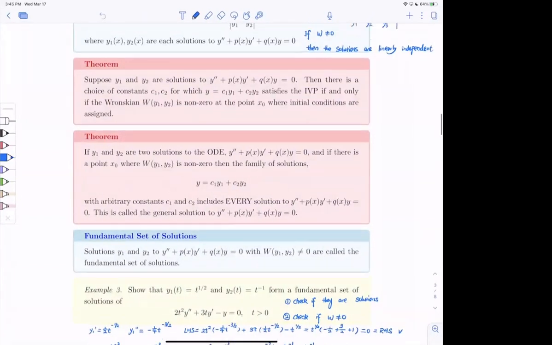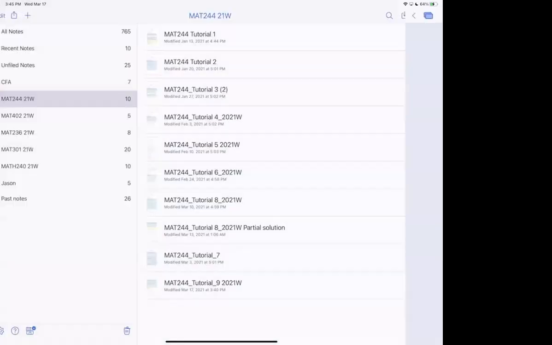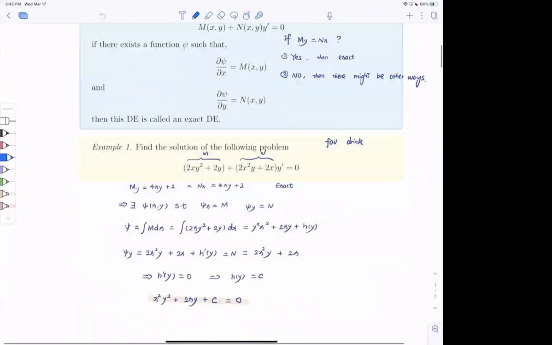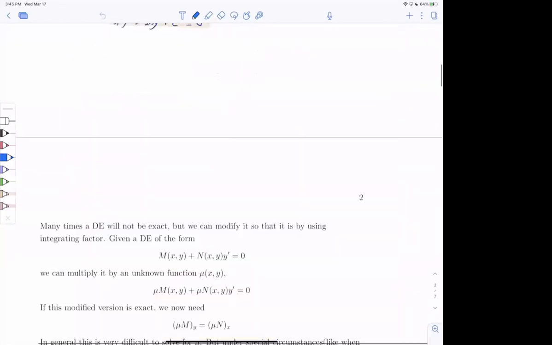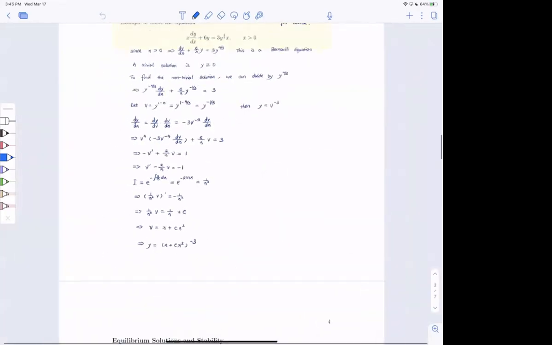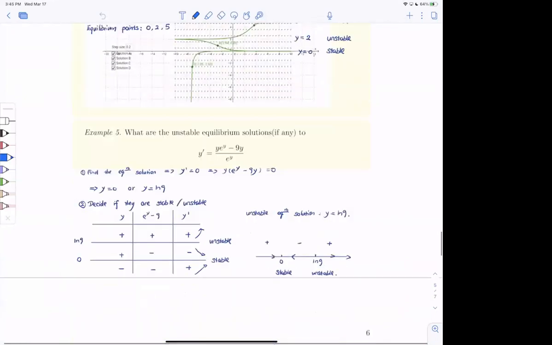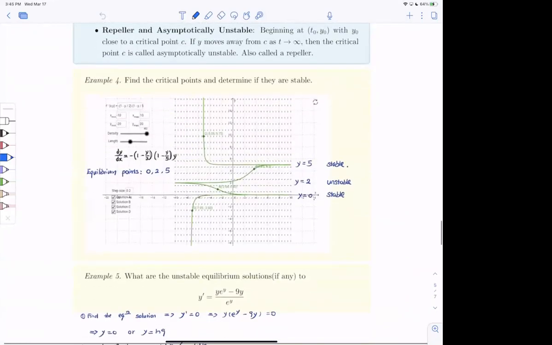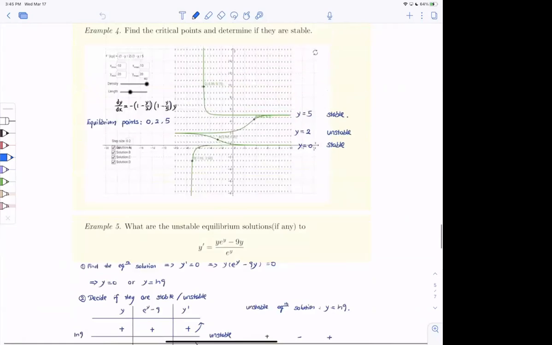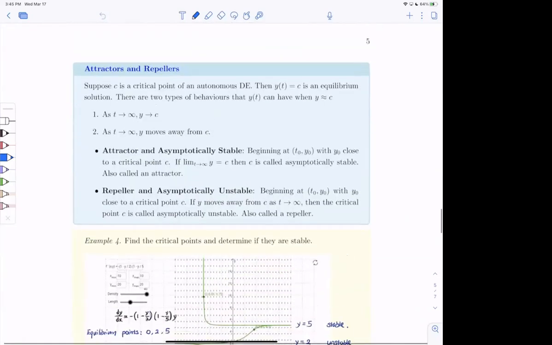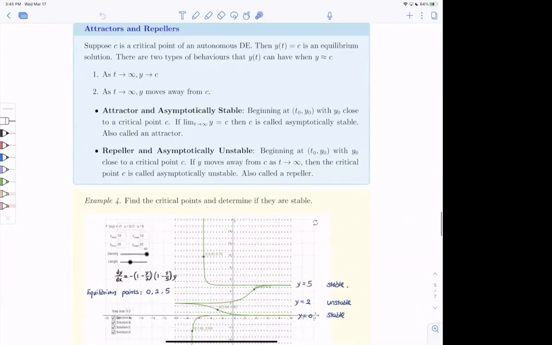I don't remember where it is, but we'll see. It was somewhere. Yeah, right here. So intuitively, this is what happens.